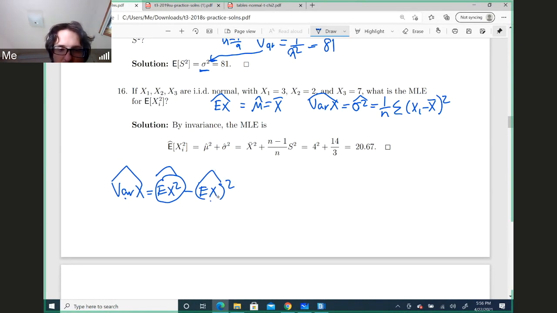And this E of x squared is just this guy right here, which is the maximum likelihood estimator for the mean squared. And the maximum likelihood estimator for the variance is this guy right here. And finally, the value that we're interested in calculating is this guy right here.